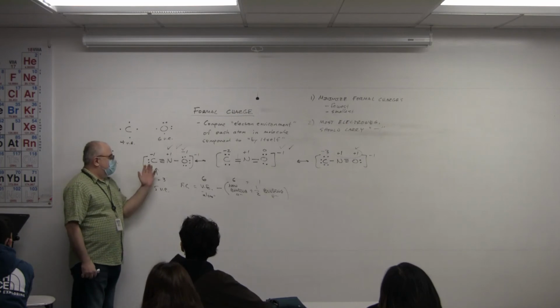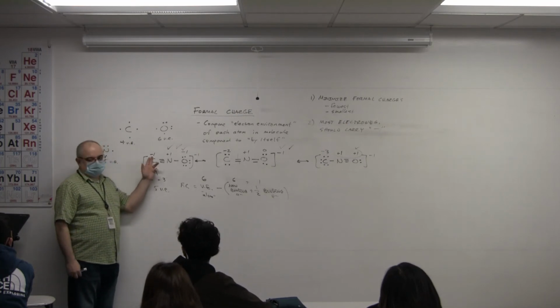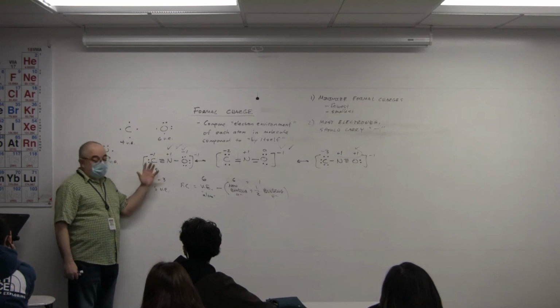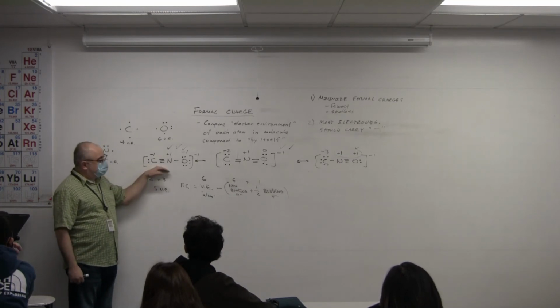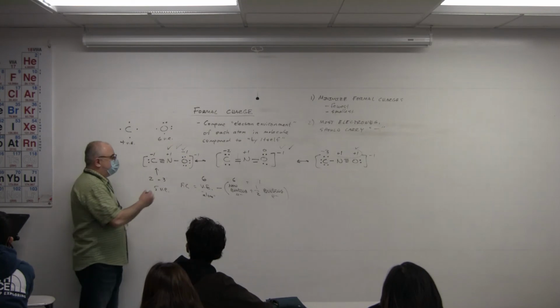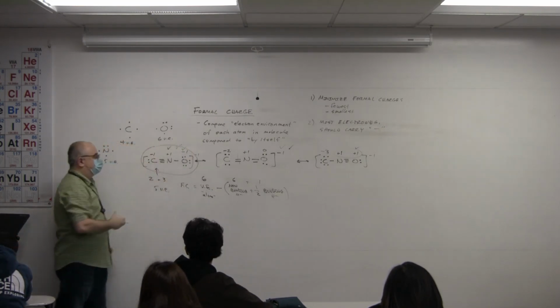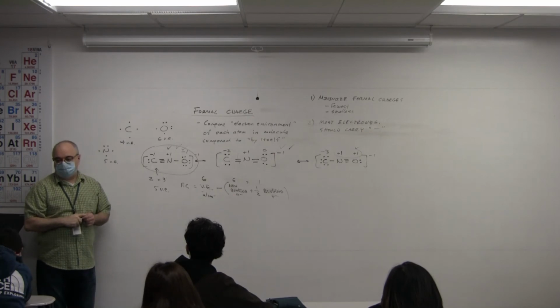And the carbon is next to nitrogen, which pulls harder. But at least this seems to be the least offensive of the 3. So I would suggest that if this molecule exists, this picture is probably the best one to describe the bond.